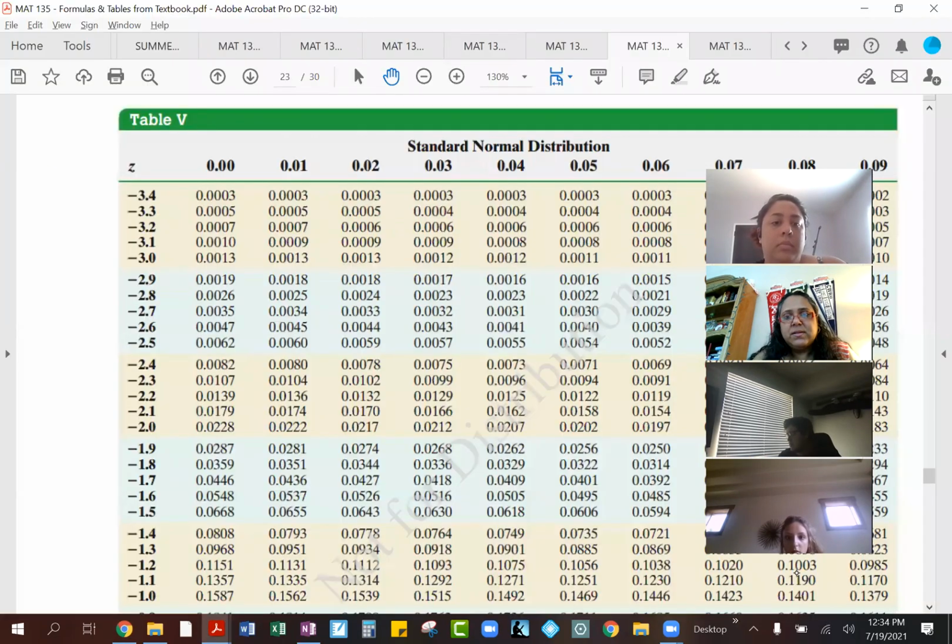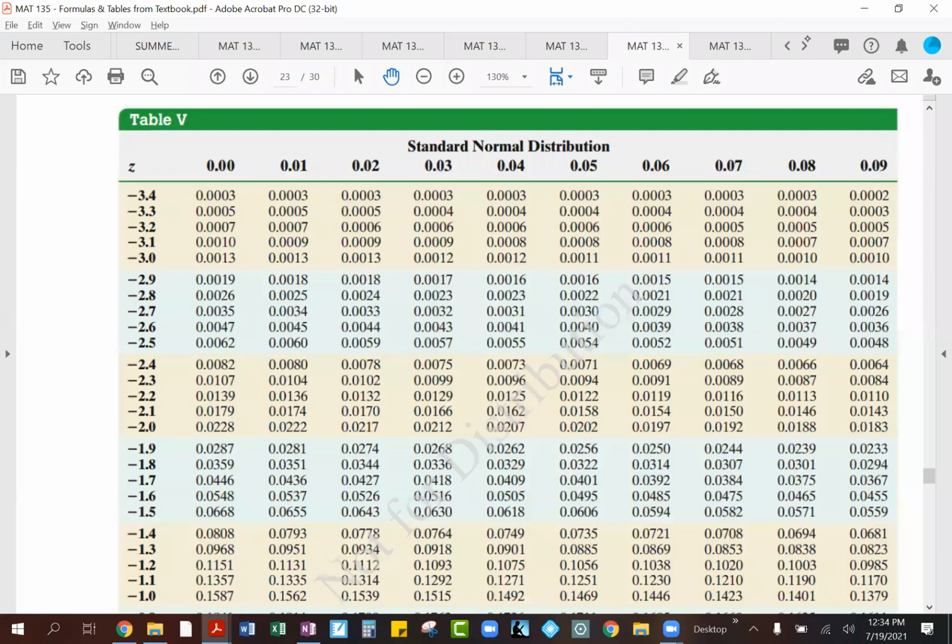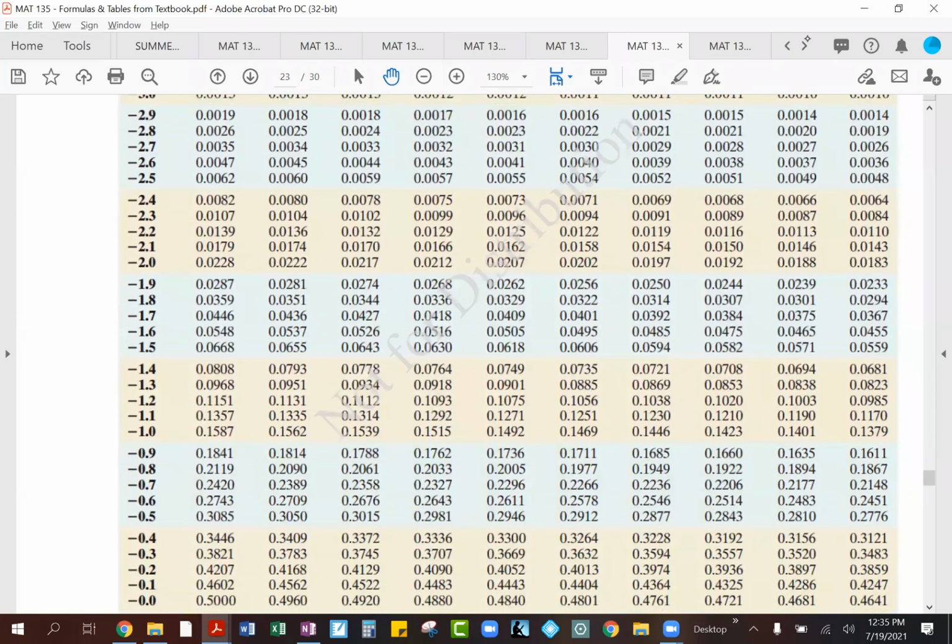So 0.02, do we have anything like that? I guess it's going to be between these two numbers, right? The 0.02.